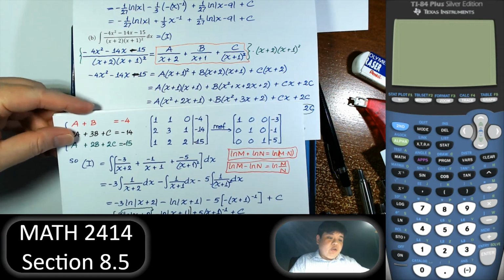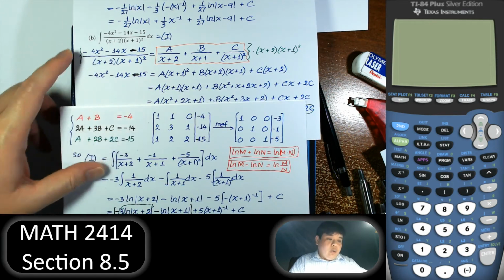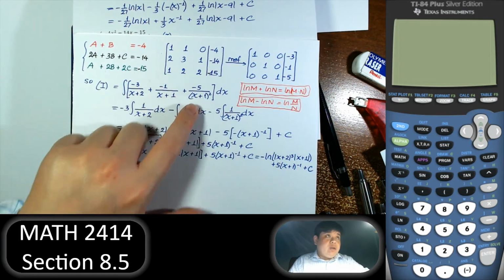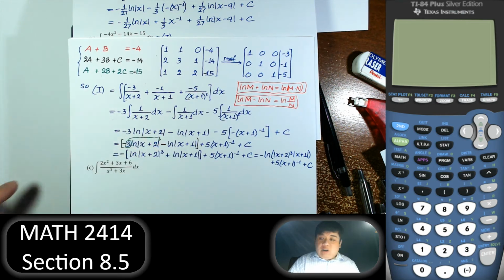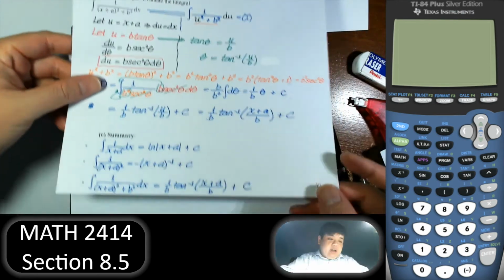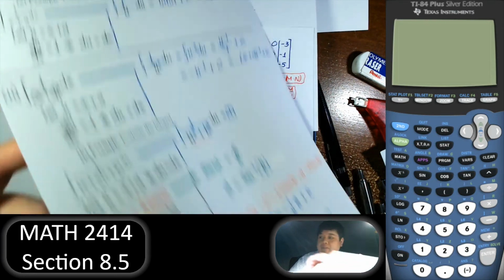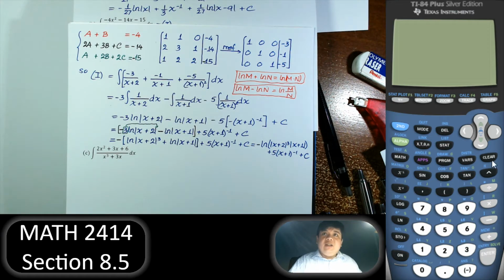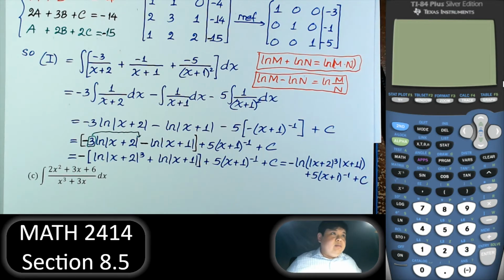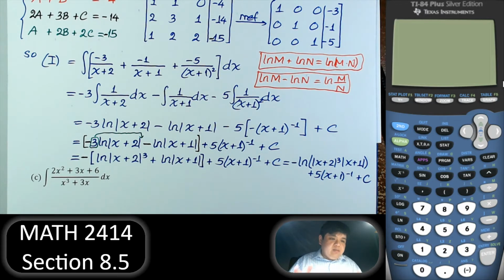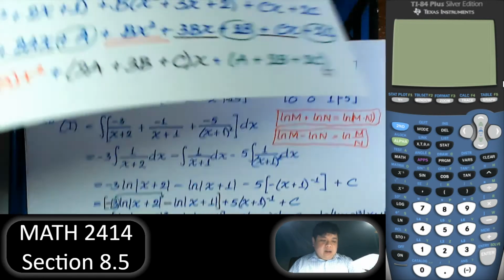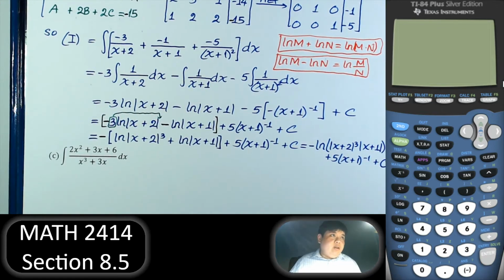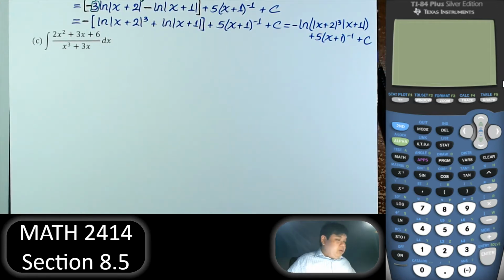Decompose using partial fractions to break the big integral into a bunch of little integrals. And when we integrate each one of them, this summary will come in handy. Other than that, it's not that complicated. A bit tedious, but not that bad. We have a couple more samples on this.